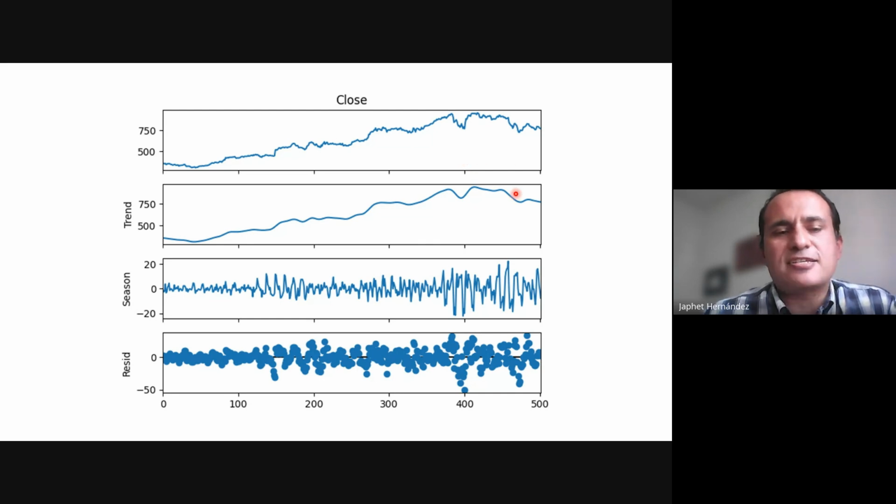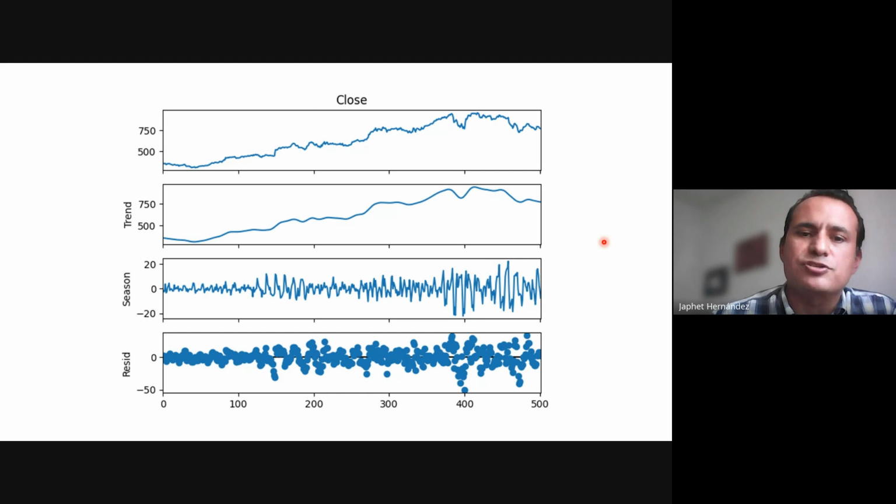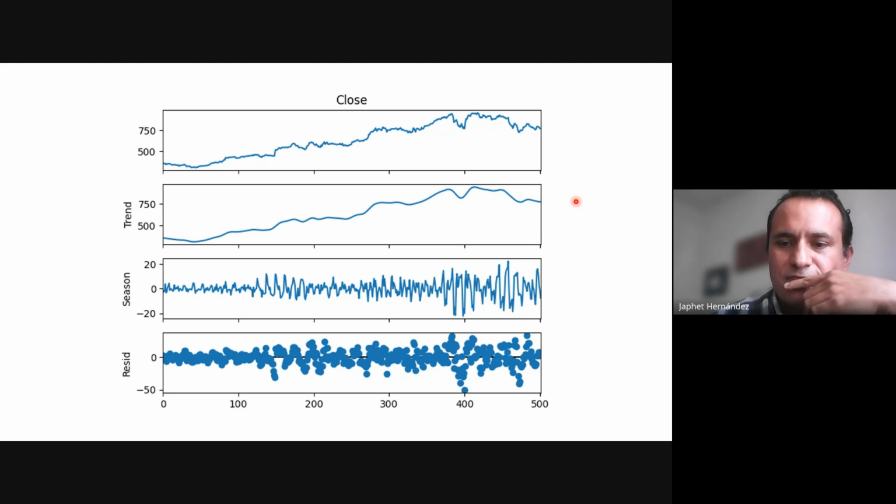And then from it, we can extract the trend by smoothing the values to get the big picture direction. So for instance, here we can see that the full data points have an upward trend, and at some point they just stabilized, right? So pretty much we have a gradual climb upward.